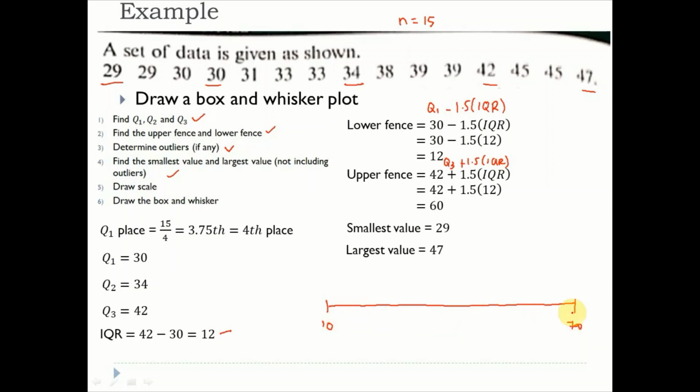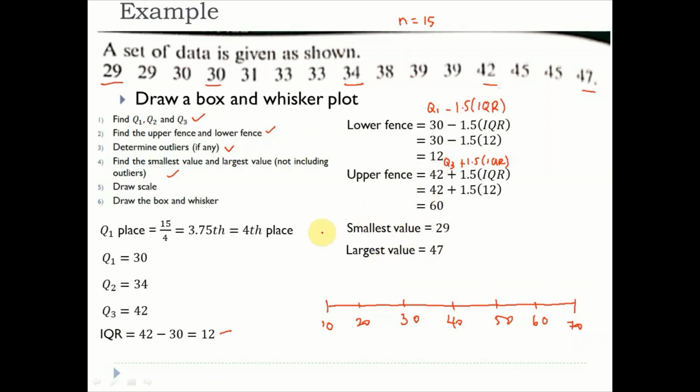Okay, and then between this I will have 10, 20, 30, 40, 50 and 60. Okay, so this is my scale. Okay, tengok ni. So maksudnya the lowest value and the smallest value, maksudnya dia mesti lower than the fence and bigger than the upper fence.